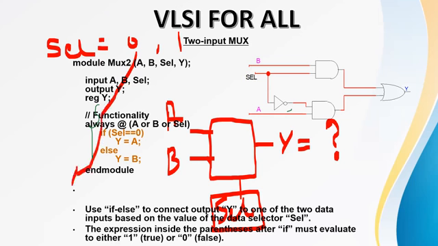Whenever the select line is 0, it will select A, because we have 0 and 1 inside the mux, and this 0th bit indicates it is selecting A as input. And if the select line becomes 1, this indicates B as the input. It is taking B and passing this to Y.